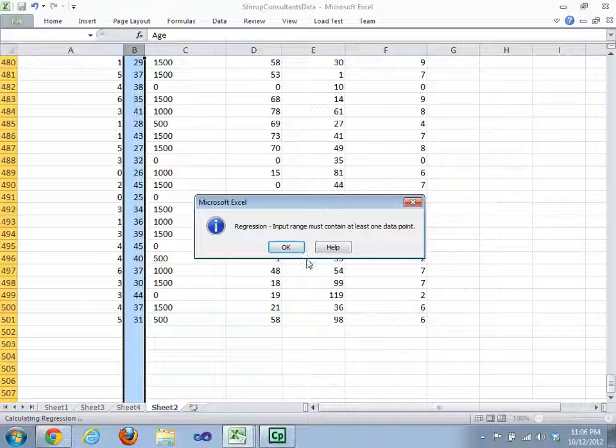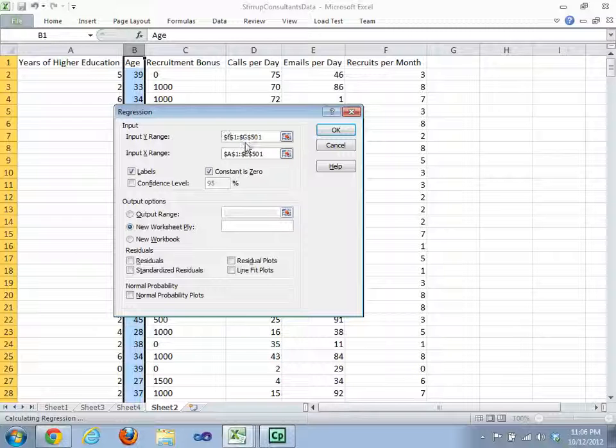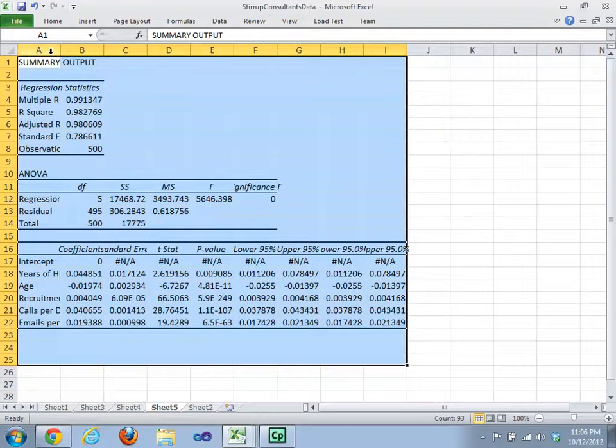Oh, because I deleted the column, there is no G column anymore. We have to say that's now F. Click OK.